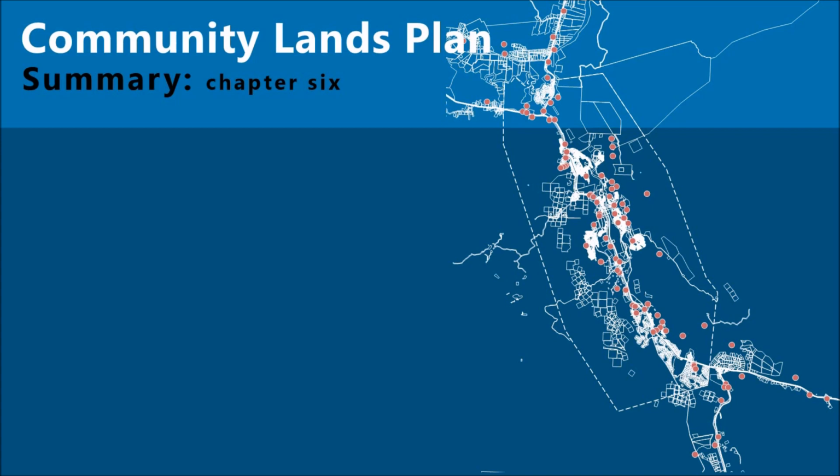Before we get into discussion of the challenges and opportunities, I just want to explain this image on the right side of the screen. Here we have again the dotted line representing the municipal boundary of the city. These orange dots are Kwalendon community land parcels, and the white lines represent all the private land holdings within the city, and I believe there are also mineral claims within that image.